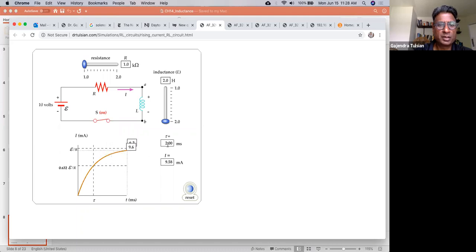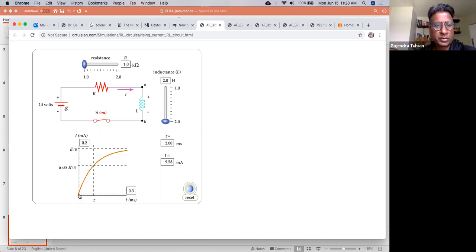Now the time constant is 2 milliseconds, so in about 6 milliseconds it has gone to its steady state value. So we are talking about phenomena that happen over the span of milliseconds for these typical values.